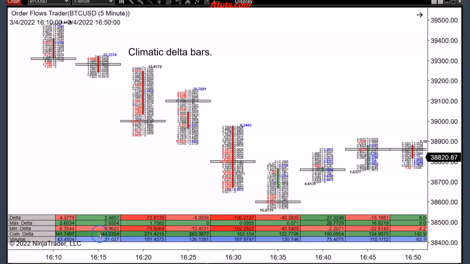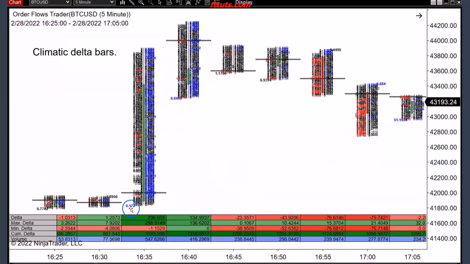Now here the market is sort of going down, down, down, but it's 72, minus 8, minus 100. Okay, so would I consider minus 100 a climactic delta bar? If this bar was at minus 72, I would. Usually climactic bars are going to have a very wide range, like you see here, from 41,800 to almost 44,000, 43,800.